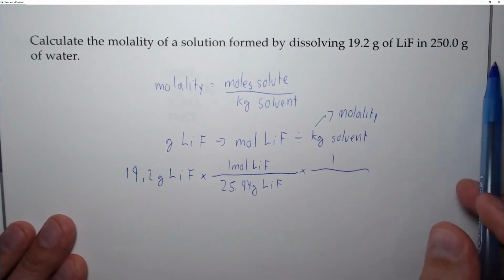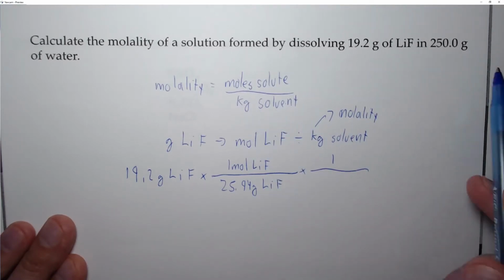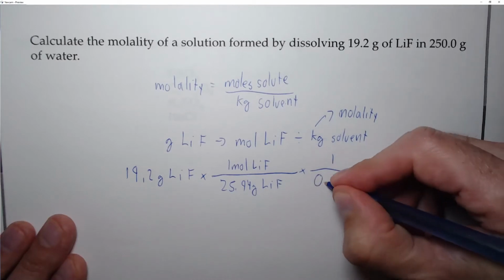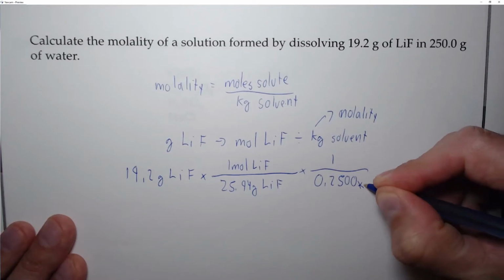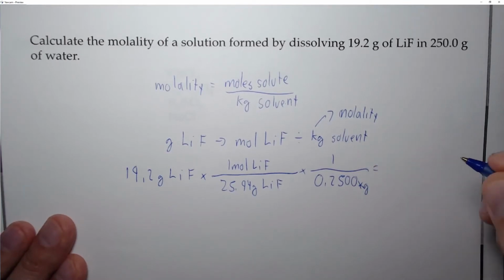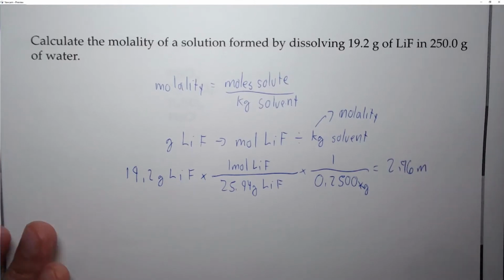Now we can't plug in 250 grams because we need kilograms of solvent, so I have to divide that by 1,000, which is 0.2500 kilograms. And when we do all that math, we find that this is a 2.96 molal LiF solution.